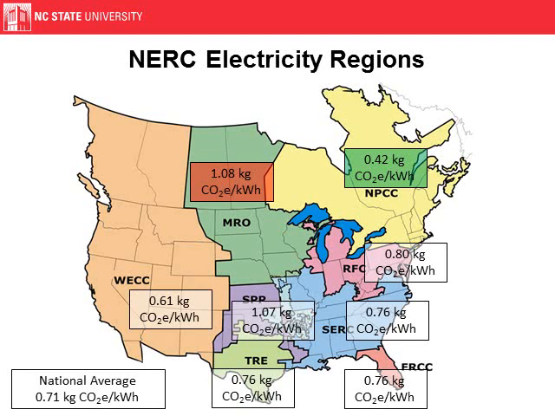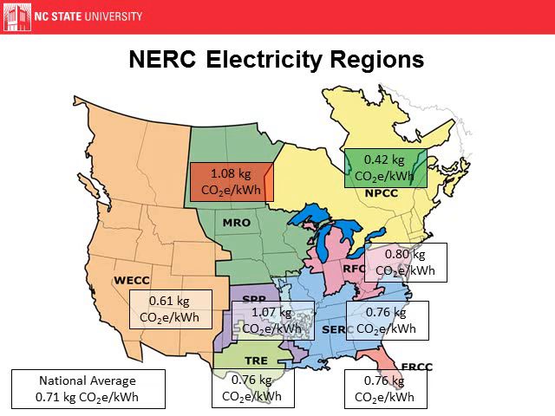So these values show basically the greenhouse gas intensity from each of the regions shown in the country. They're called NERC regions. And basically, the cleanest region, this NPCC, which uses a lot of hydro, has less than half the emissions of the dirtiest region, which is the Midwest Reliability Organization.